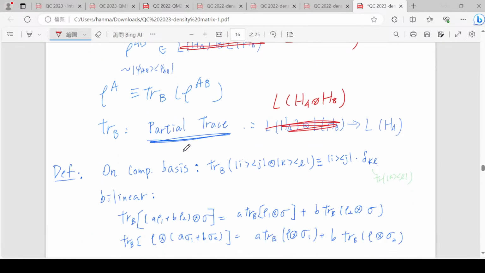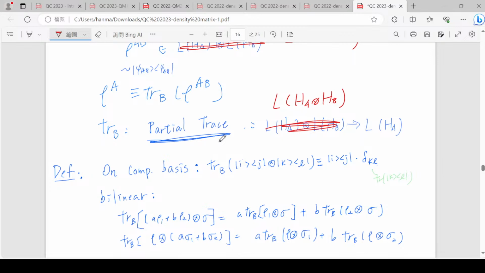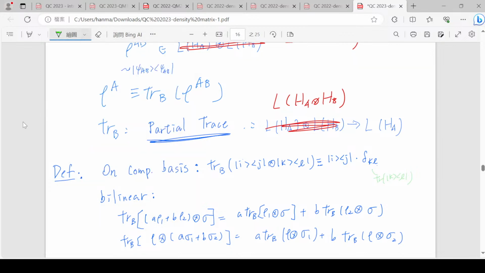And we haven't said what the partial trace operation is. Here we have a definition, but it's a bit of a bad definition, although I guess it's okay. It's one of the definitions I can use in calculation quite easily.